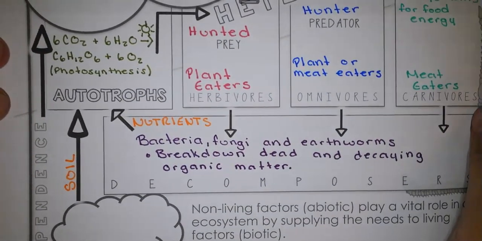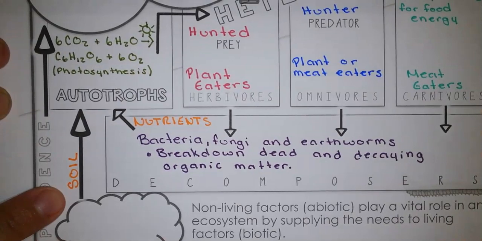So nutrients are absorbed by our autotrophs through the soil.